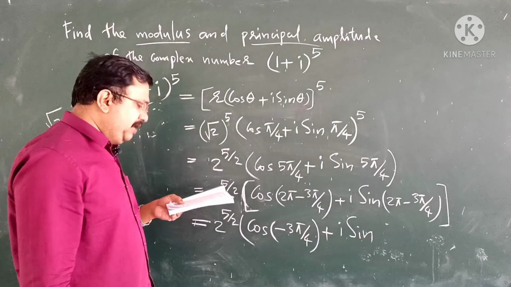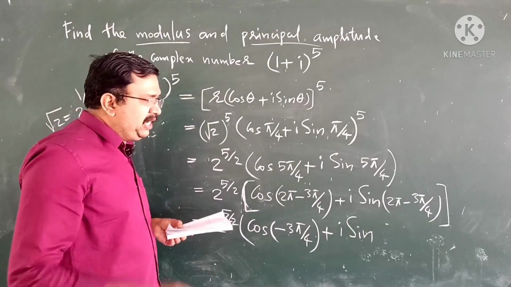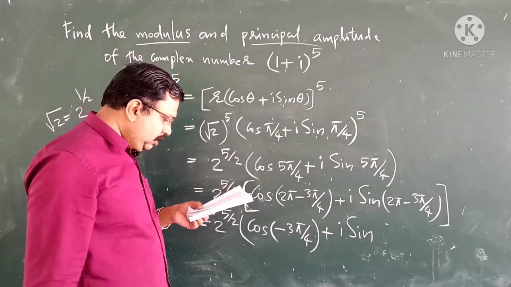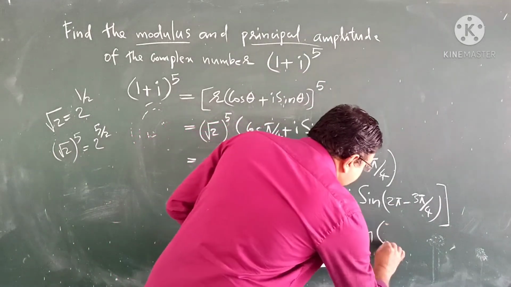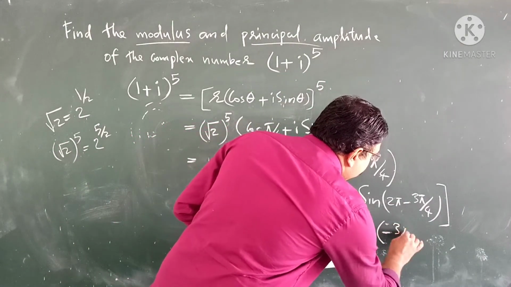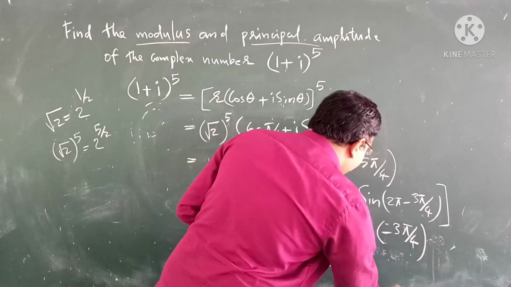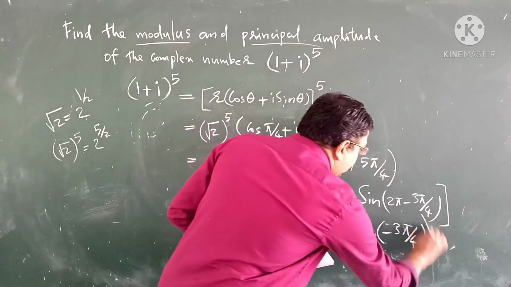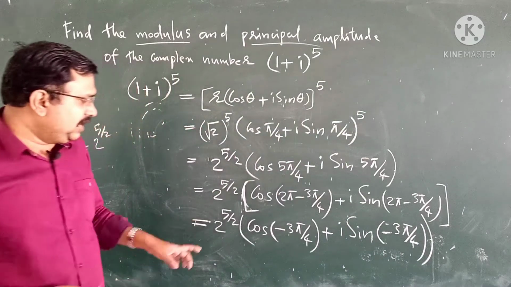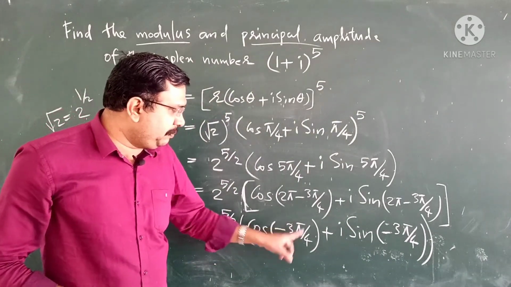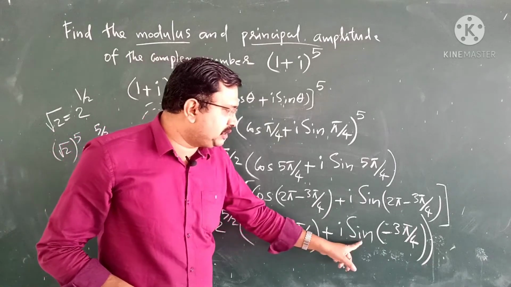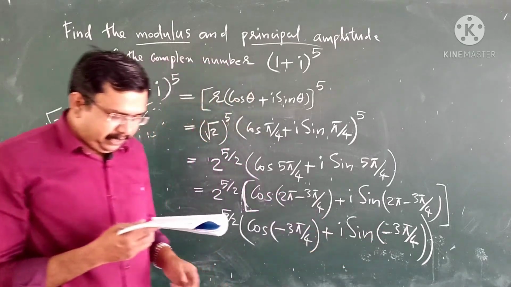What is sin of 2 pi minus theta? Sin minus theta. Therefore sin of 2 pi minus 3 pi by 4 is equal to sin of minus 3 pi by 4. We will get 2 raised to 5 by 2 into cos minus 3 pi by 4 plus i into sin minus 3 pi by 4.